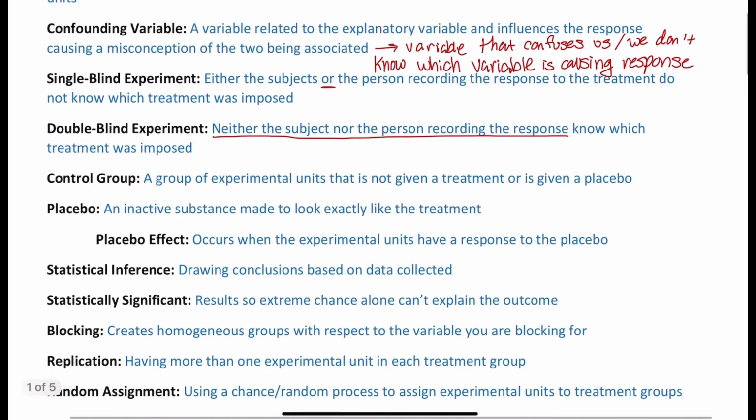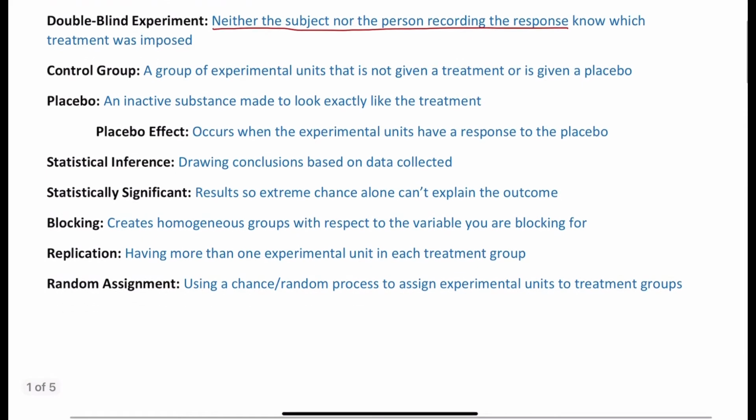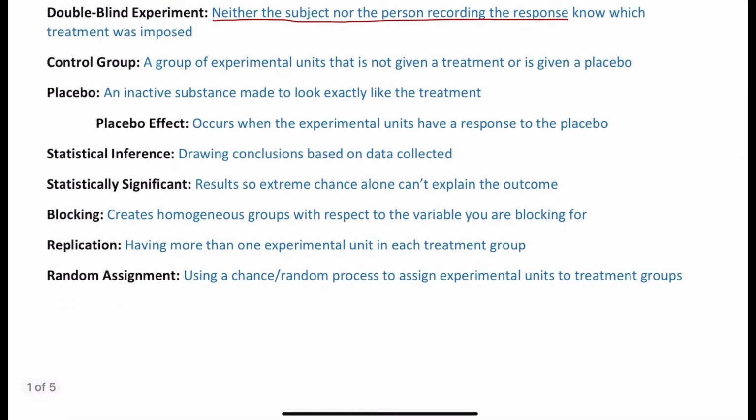A big part of experiments is having a control group, so just something that is not given a treatment or given a placebo, and a placebo is that inactive substance made to look exactly like a treatment, aka the sugar pill treatment is what I like to call it, especially since most experiments that we're going to be seeing and descriptions of experiments have to do with drug tests and things like that.